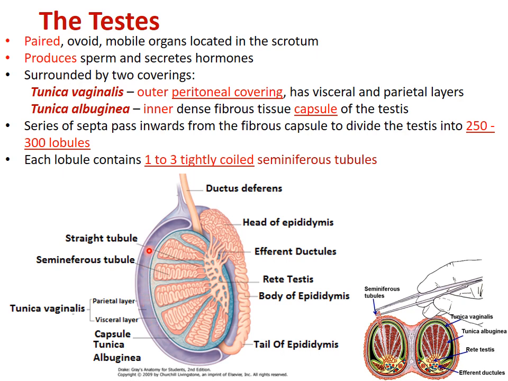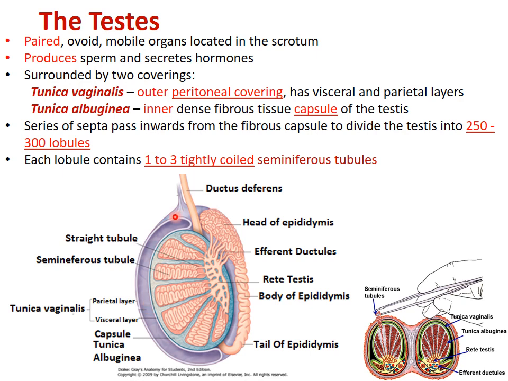That peritoneum, while coming into the scrotum, is called the tunica vaginalis. Tunica vaginalis has a parietal layer and a visceral layer. The visceral layer runs on the surface of the testis, and the parietal layer makes a U-turn and covers the wall of the scrotum, meaning the inner surface of the skin of the scrotum, and between these two there is a space.